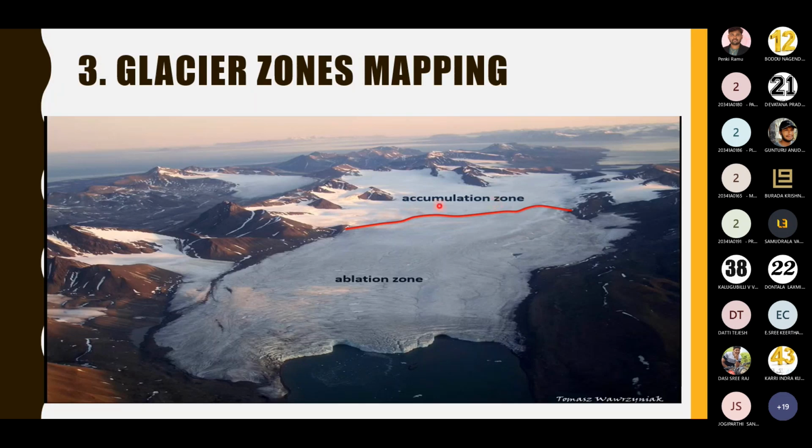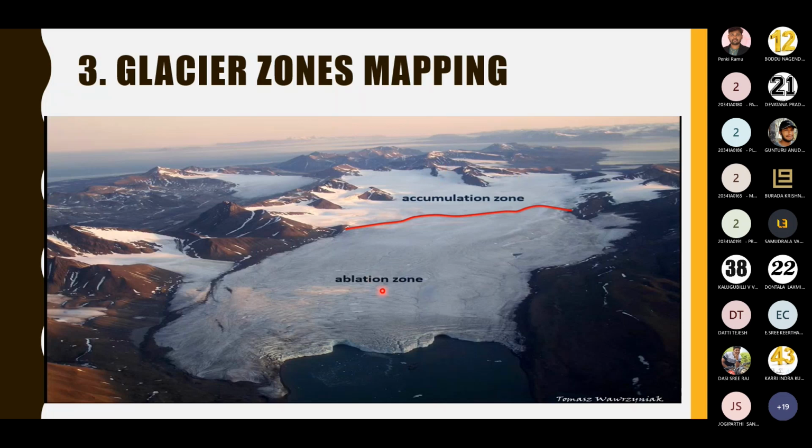So here you can see this is very bright in color, and this indicates snow is very fresh, and a good amount of reflectance is being observed in this area. Hence, it falls under the accumulation zone.